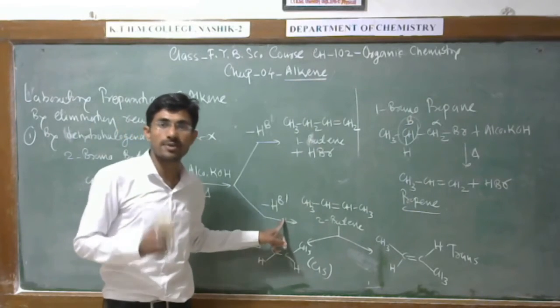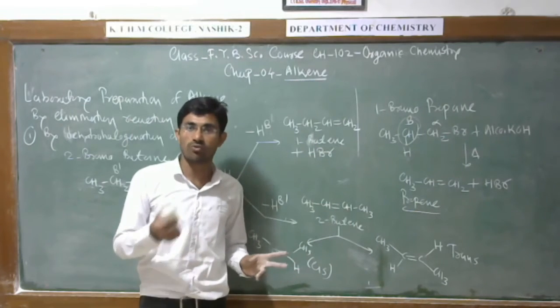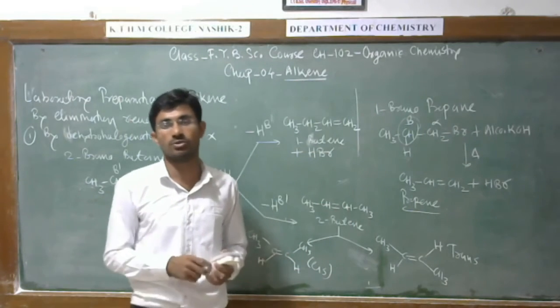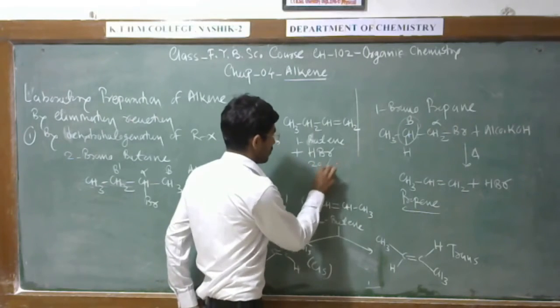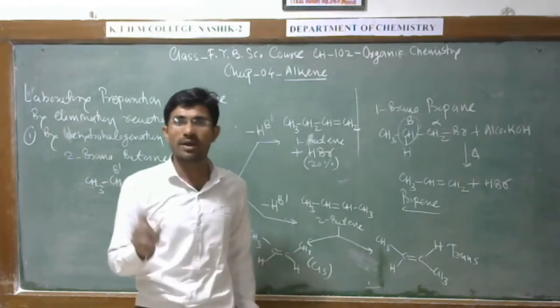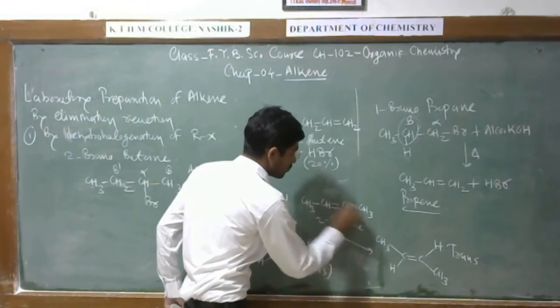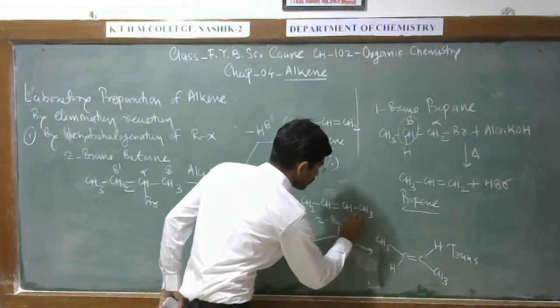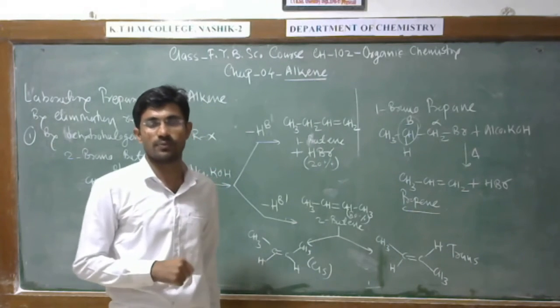We know that very well, cis and trans 2-butene. The 1-butene compound is formed to 20%, and the 2-butene compound is formed to 80%.